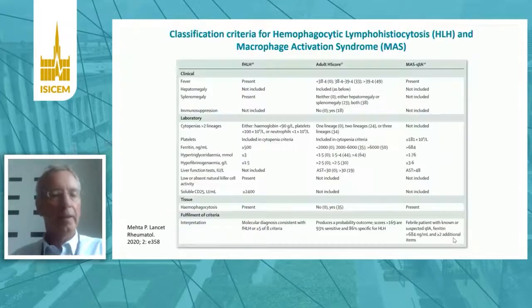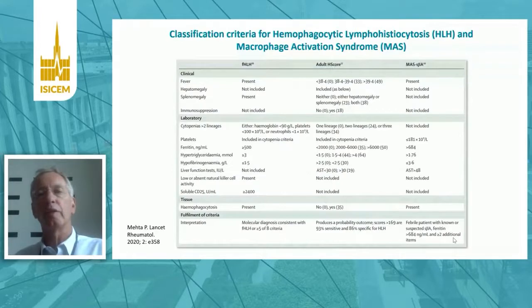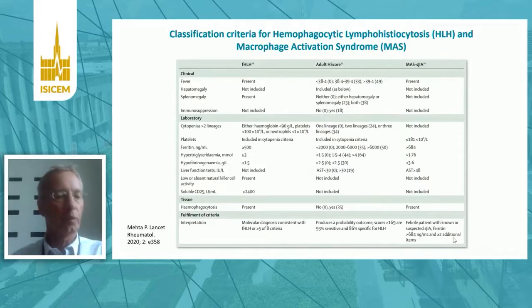There are several diagnostic criteria for both primary hemophagocytic lymphohistiocytosis and the secondary form macrophage activation syndrome, and this table summarizes some of these diagnostic criteria. These diagnostic criteria consist of both clinical parameters, such as fever, hepatomegaly, and splenomegaly, but also a variety of laboratory conditions, which are also summarized here.